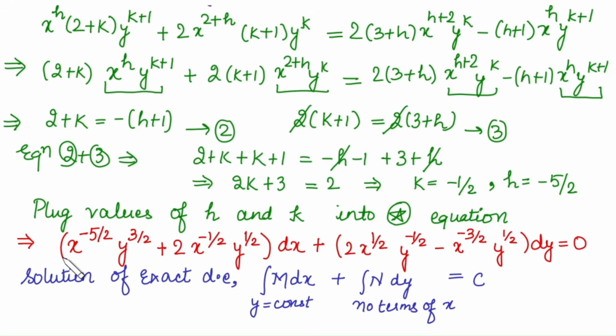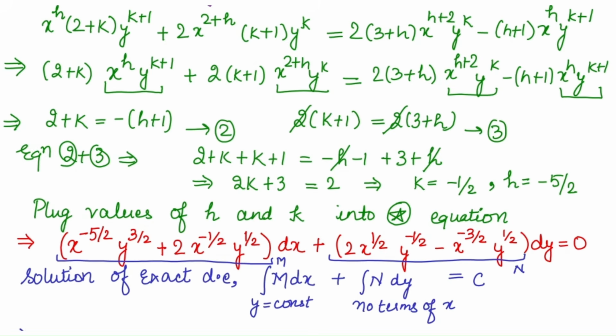So according to this, the value of M is this, and from N we need to find only the terms that contain y. So does it contain any term that is only depending upon y? No. So here we can take integration of 0 with respect to y.